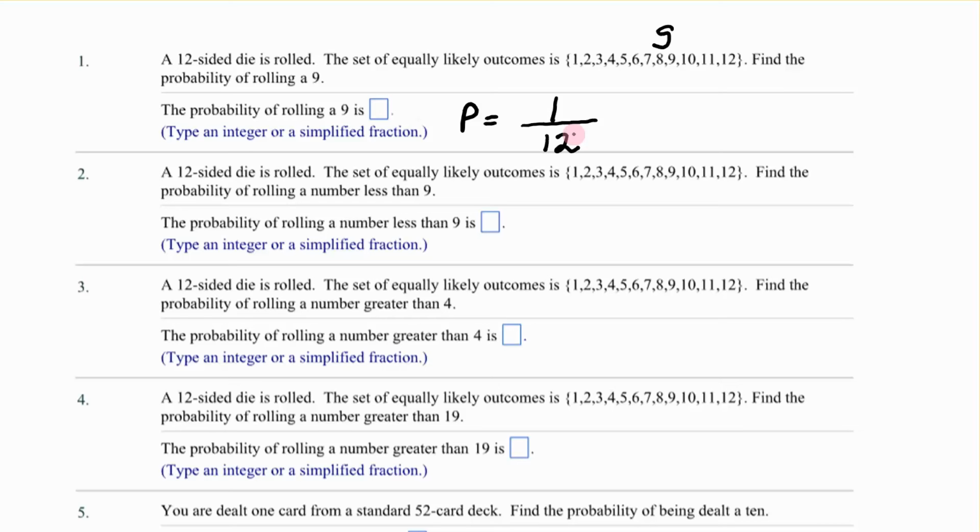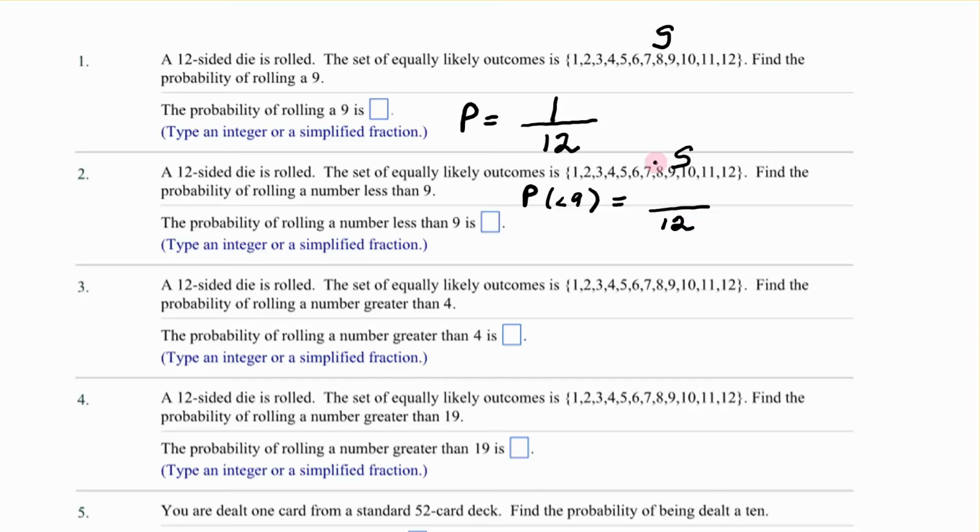Number 2, a 12-sided die. Here are the equally likely outcomes. So once again, they're giving us the sample space. That's always the denominator. Find the probability of rolling a number less than 9. Okay, well, the probability of less than 9 is, okay, sample space is 12. How many ways are there to get a number less than 9?